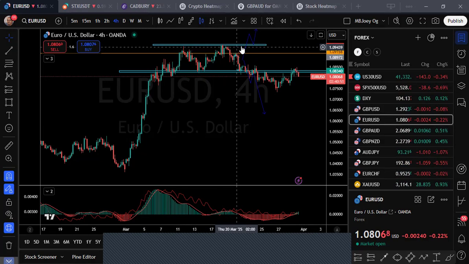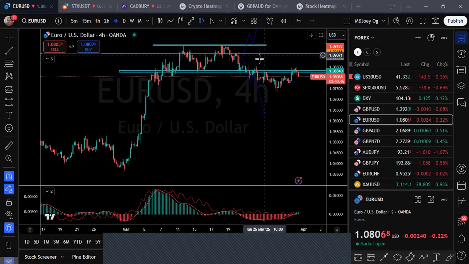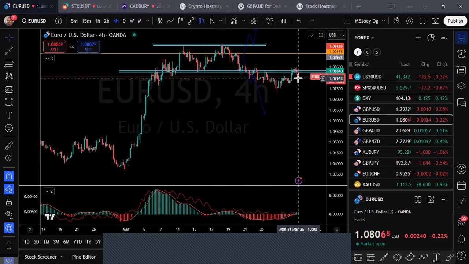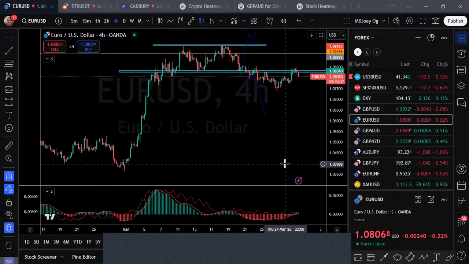If it is going to continue upward, it will have to break the most recent high, create a low, and then continue upward. If it's going to continue downward, it will have to break the most recent low, retest it, and then continue downward. So it was just a plan that if this happens, this is going to be my reaction. If this happens, this is going to be the action I'm going to take.